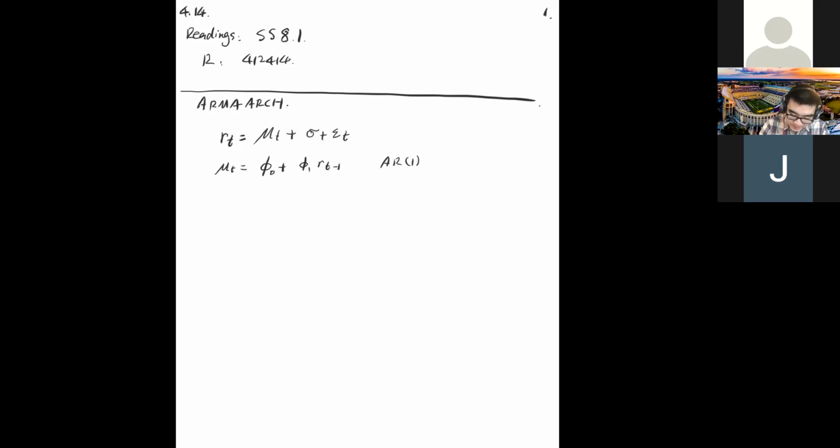Also, sigma_t squared follows some type of AR process. So this is the ARCH(1), and taking this together, this is the AR(1)-ARCH(1) model.